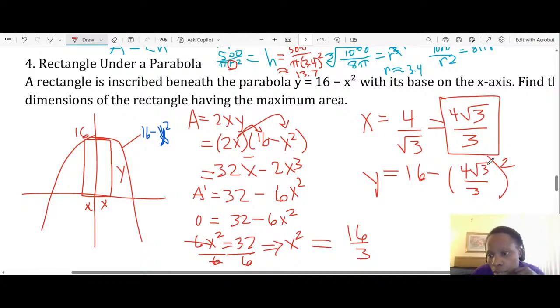Okay, so everything in here has to be squared: 16 over 9. 16 minus 16 over 9 times 3, which makes this 16 minus 16 over 3. 48 over 3, 48 minus 16, 32.